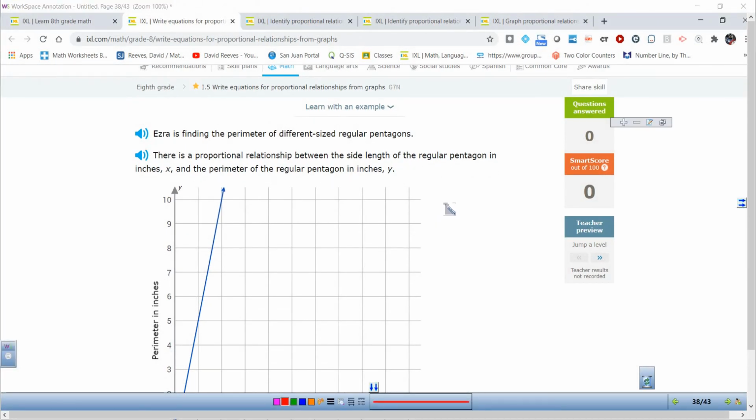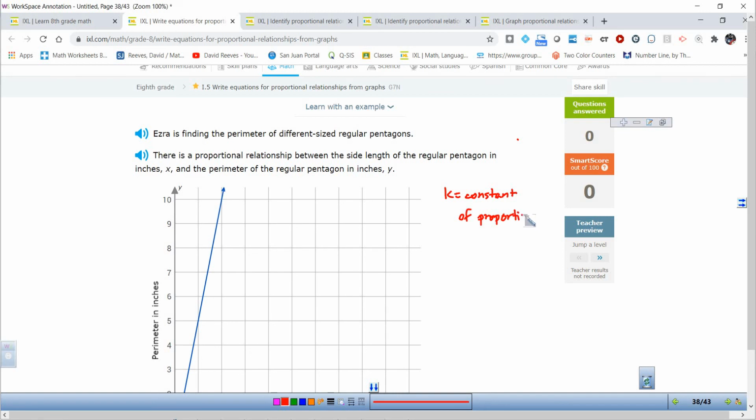All right, so just a reminder, a proportional relationship is a relationship between two quantities where one is the product of a constant with the other, and that constant k is called the constant of proportionality. Constant of proportionality.